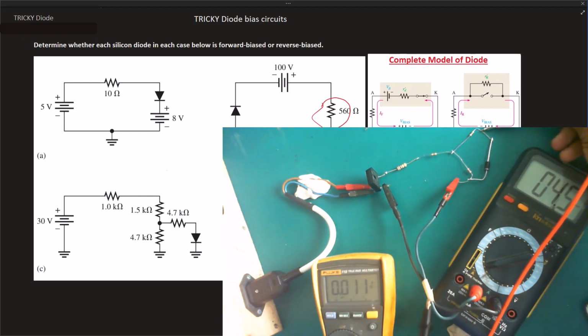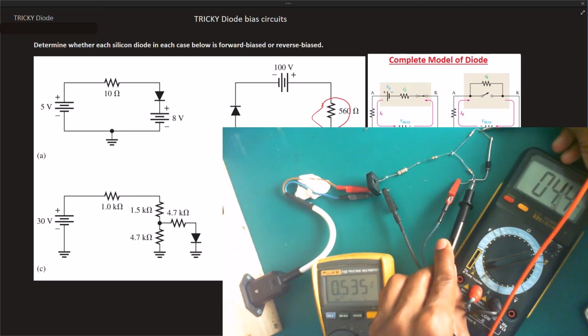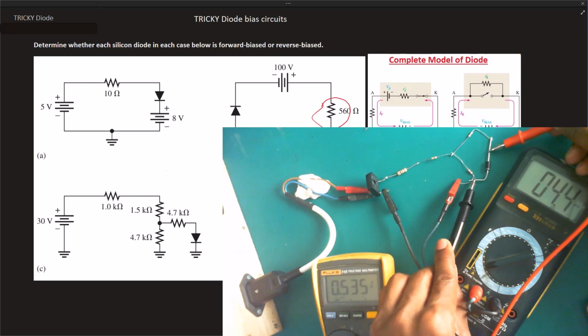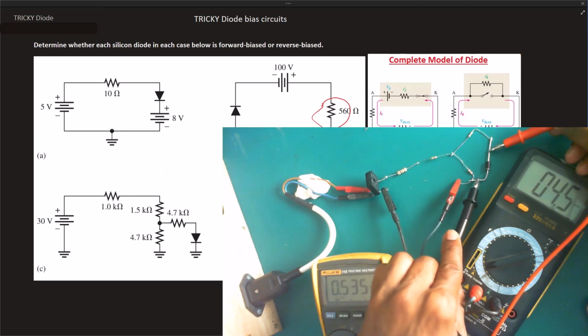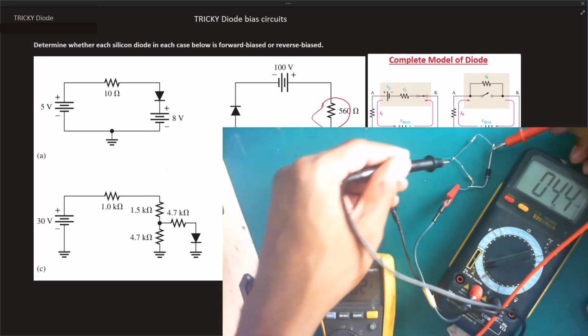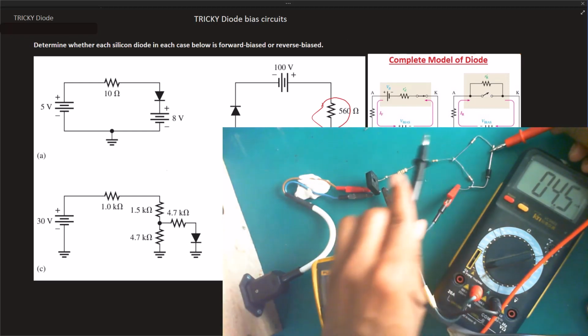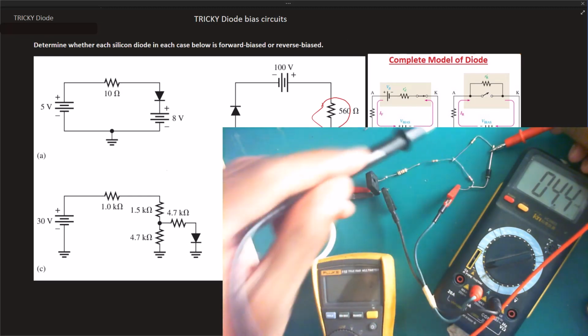Right. So now when I measure, I'm getting about 0.5 volt. So this is very interesting. I'm getting about 0.5 volt, not 0.7 volt, but it is indeed forward bias. So the voltage across the 4.7K resistor there is about 10 volt.